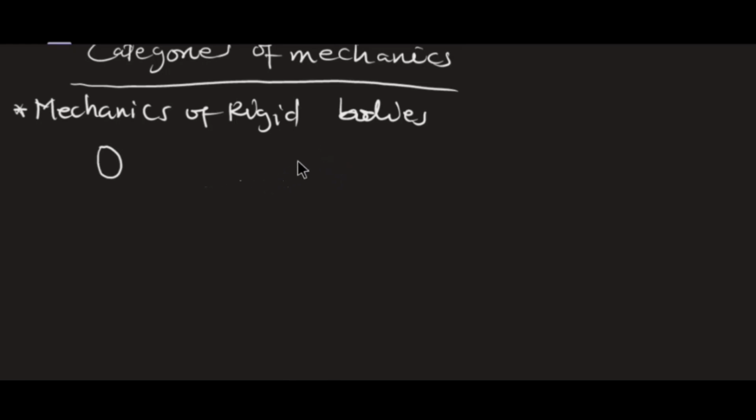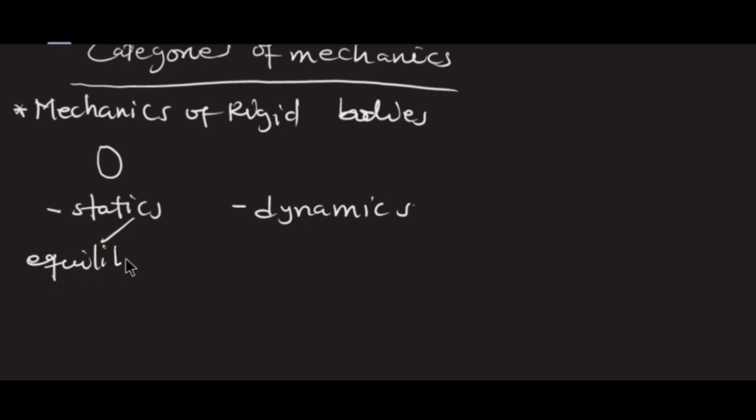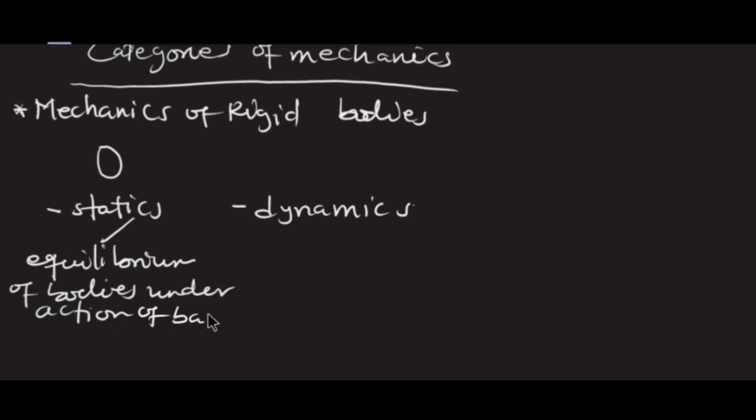Under mechanics of rigid bodies, we still have two divisions. We have what we call statics and what we call dynamics. When we say statics, statics deals with the equilibrium of bodies under the action of balanced forces.